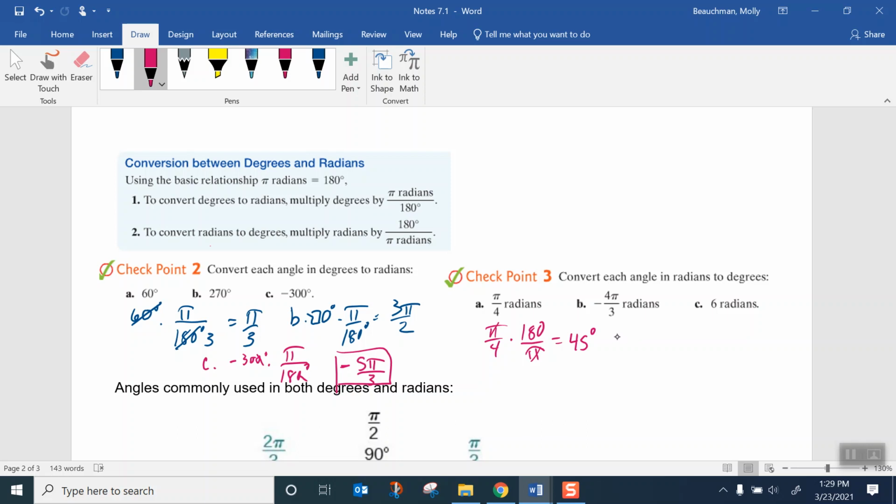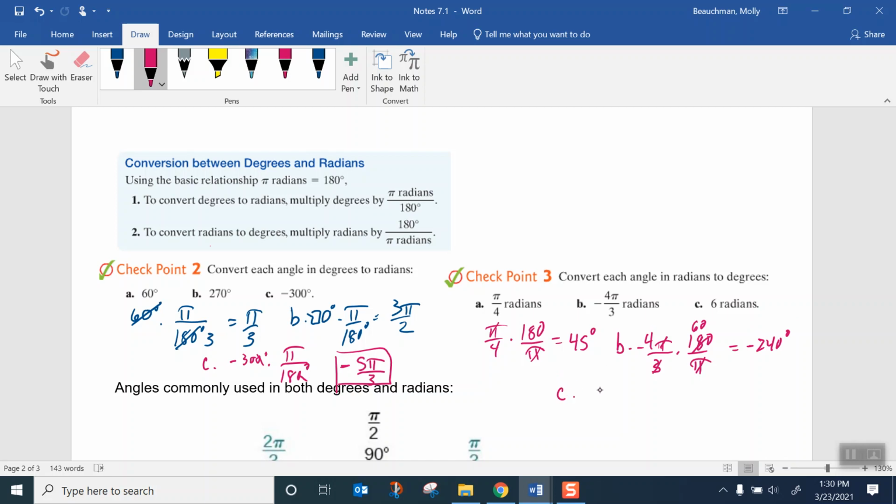B, if you have pi, you could also substitute 180 in for pi. We have negative 4 pi over 3 times 180 over pi. The pi's cancel. 3 goes into 180 60 times. 4 times 60 is 240, so we have negative 240 degrees.